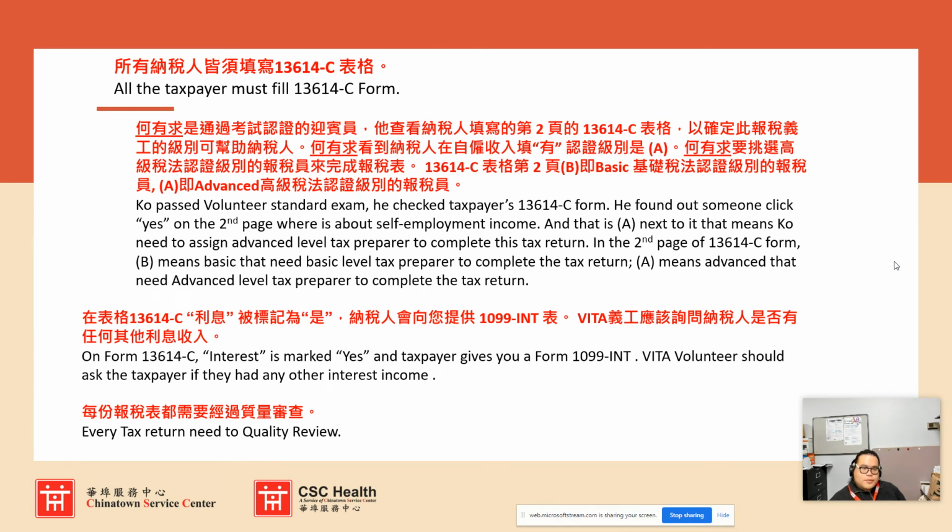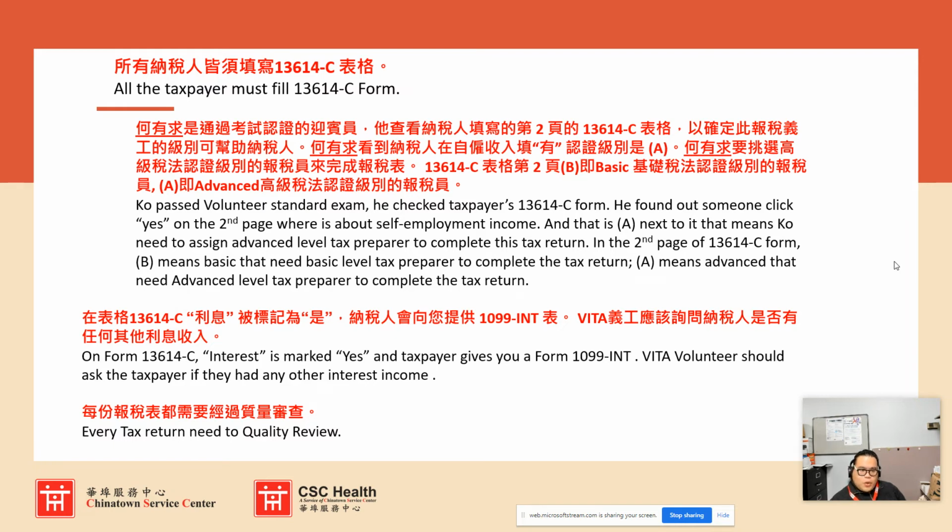And the rule: all taxpayers must fill out the 13614-C form. Another scenario: Cole passed the volunteer standard exam. He checked the taxpayer's 13614-C form. He found that someone clicked yes on the second page, which is about self-employment income, and that has a quote A next to it.